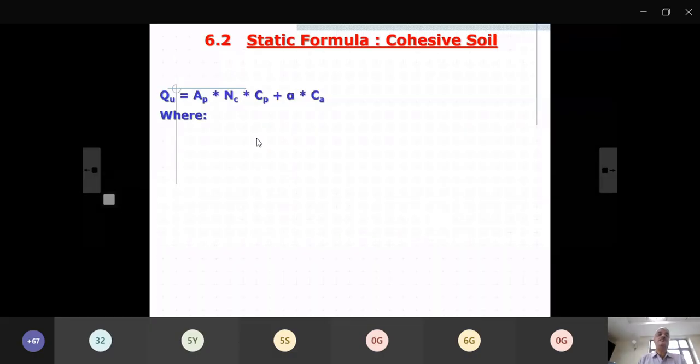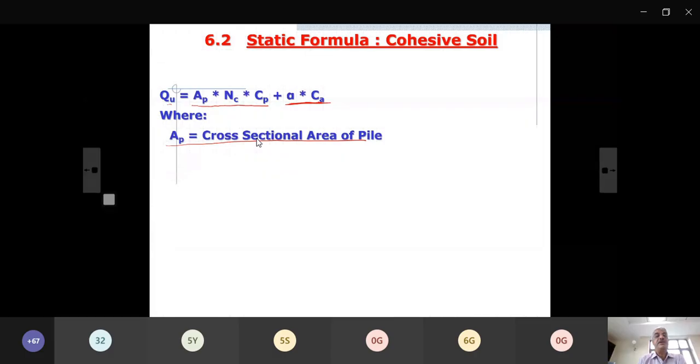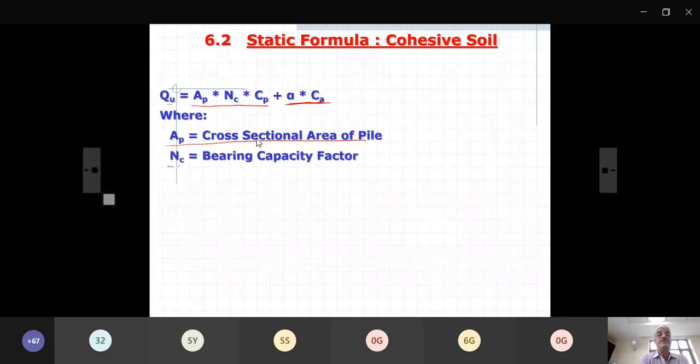And static formula for cohesive soil, that was for cohesionless soil. Now for cohesive soils, it says QU will be AP multiplied by NC into CP plus alpha times Ca. What are they? AP is cross-sectional area of pile, so pi by 4 d square. NC is bearing capacity factor.